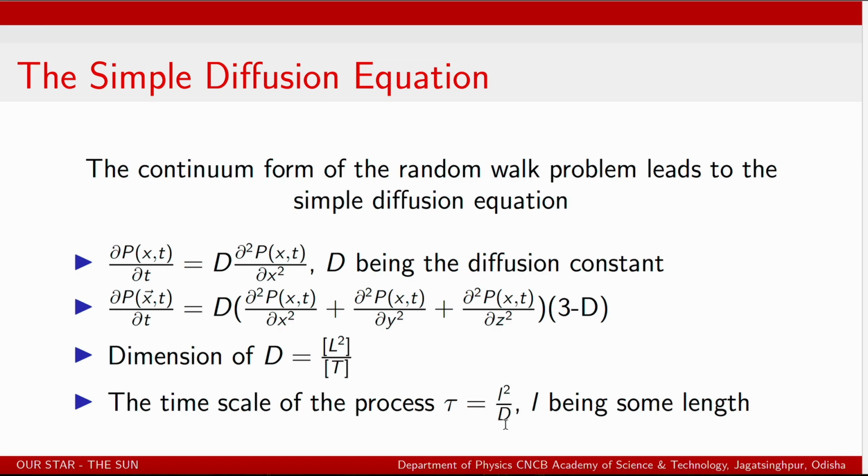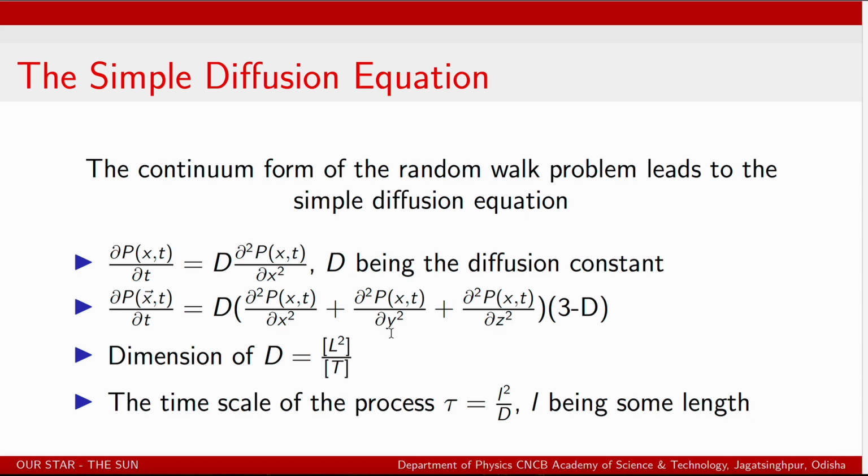You can see this has the dimension of time. So what is the significance of this? The significance is, you can see that if L is increased 2 folds, then the time to cross the distance L increases 4 folds, right?